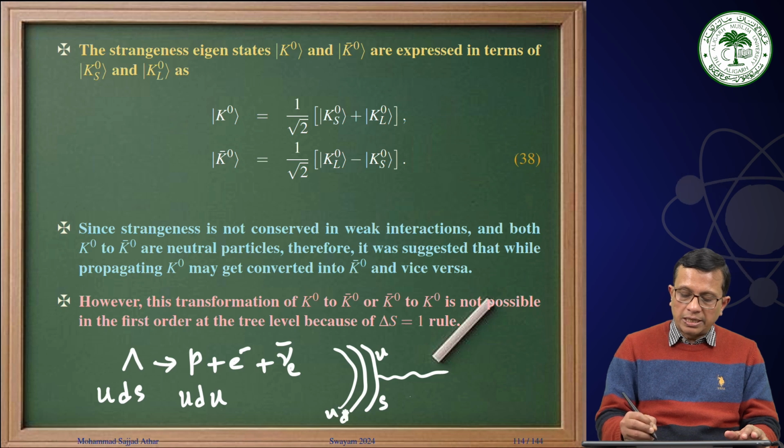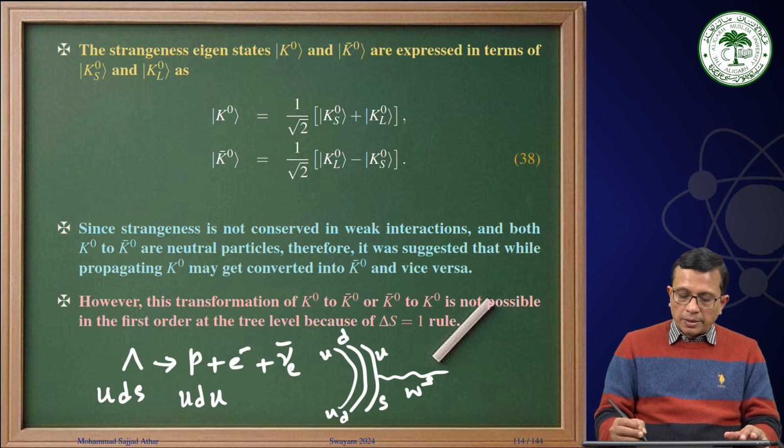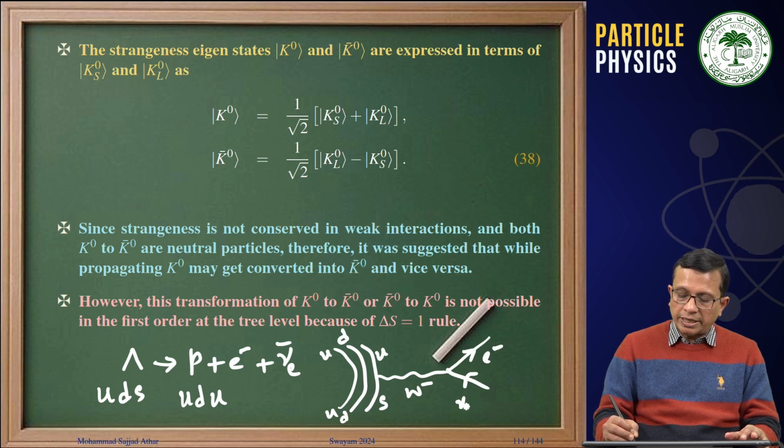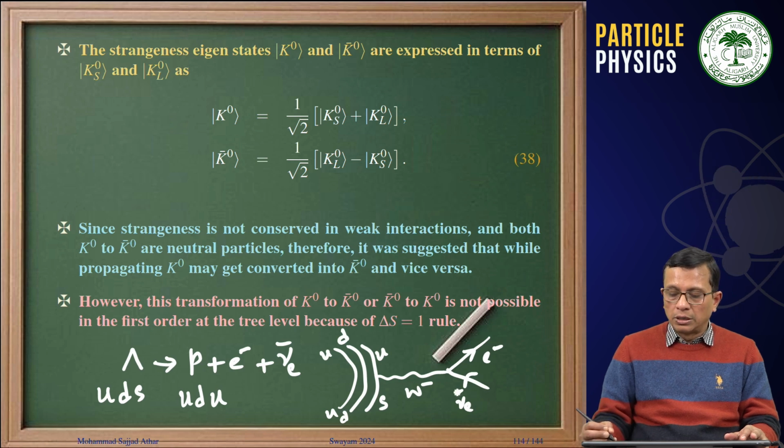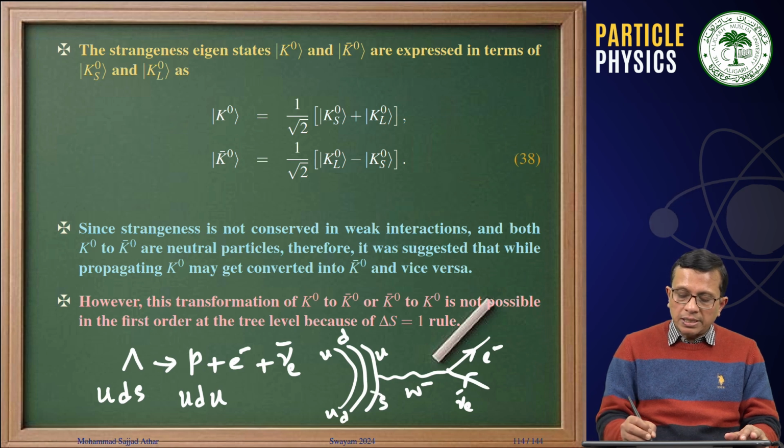The others are ud spectators. This happens by emitting a W-, and this W- gives rise to an electron and an antineutrino, an outgoing antiparticle, represented by a downward arrow, while an outgoing particle is represented by an upward arrow. Therefore, this is the decay process.